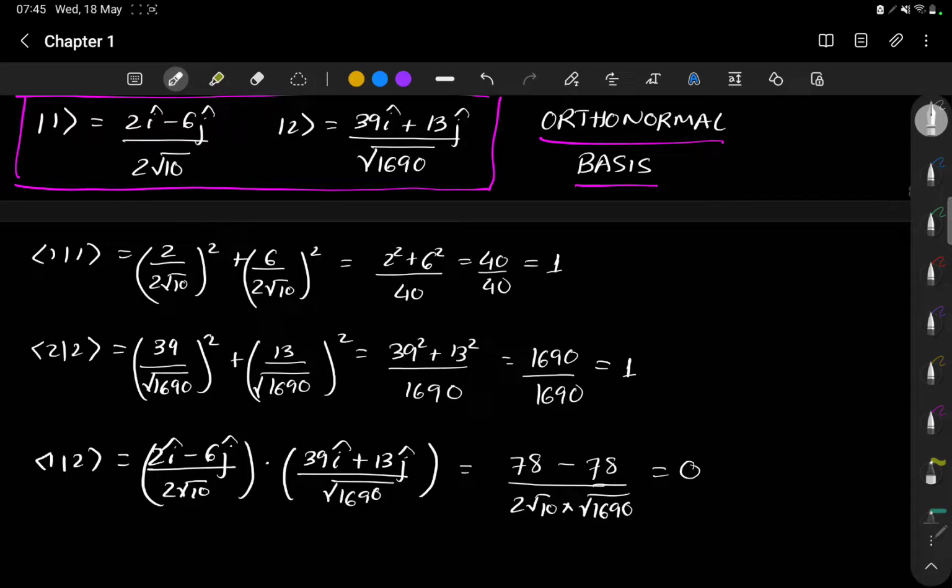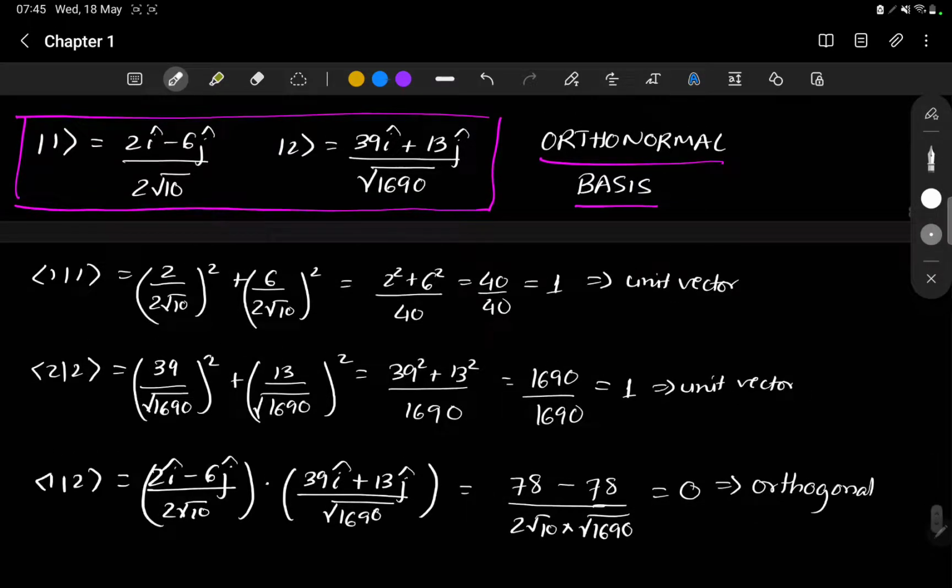This is equal to 0. So the dot product of the vectors is 0, meaning they are orthogonal. So we have a set of two vectors which are orthogonal to each other, and these two vectors are having unit magnitude. So these two vectors are forming an orthonormal basis in 2 dimensions. So we have solved this question.